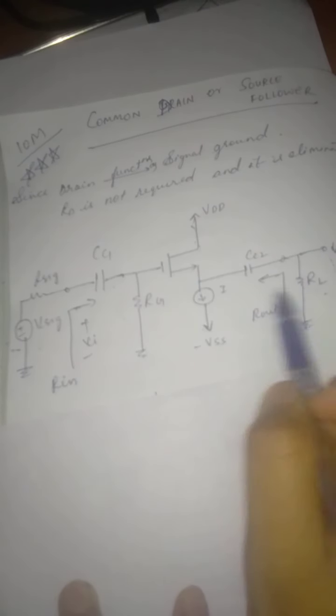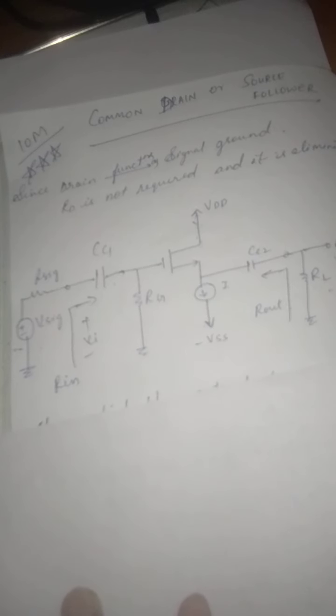Now we have selected a T equivalent model for the analysis. The small signal equivalent model of a common drain amplifier is something like this. This is our T equivalent model, the T model. To the T model we have given an input. When we observe, our input was this one, right?